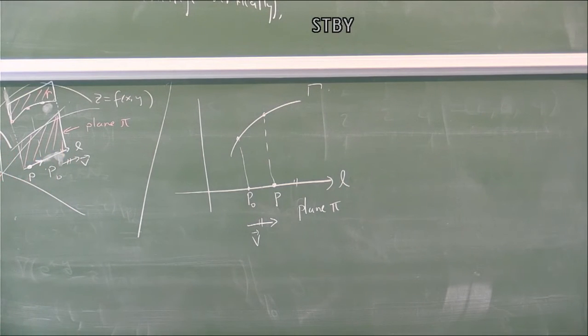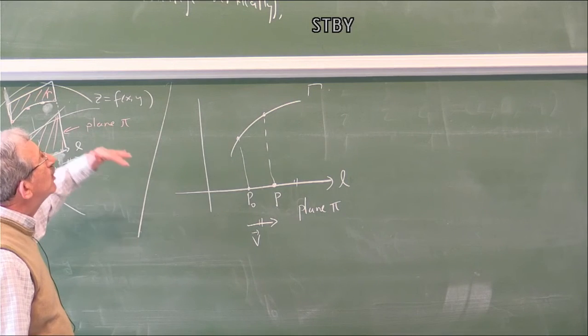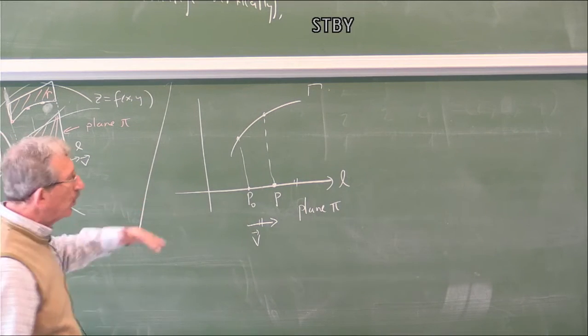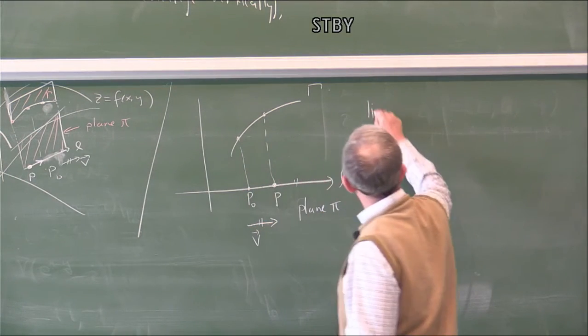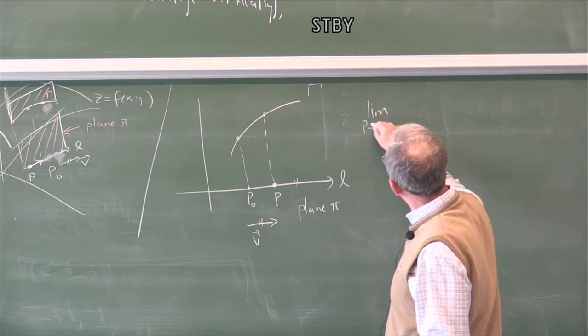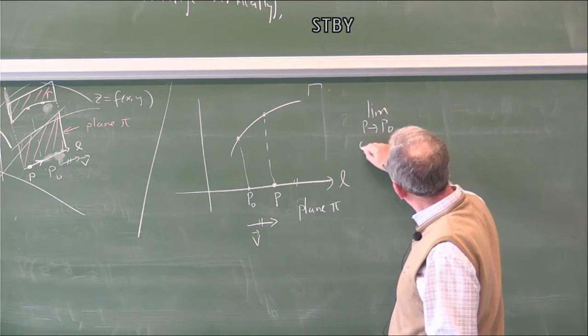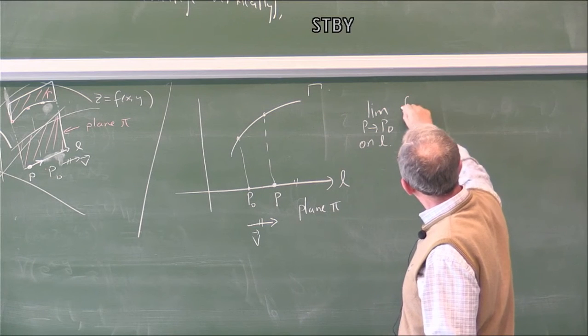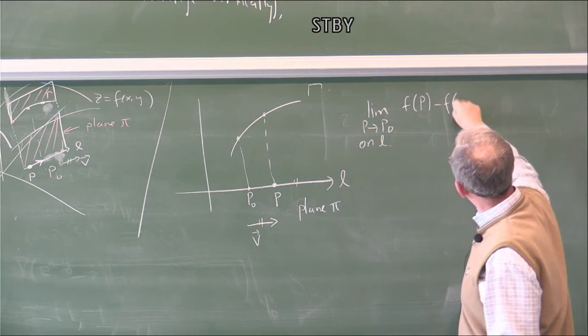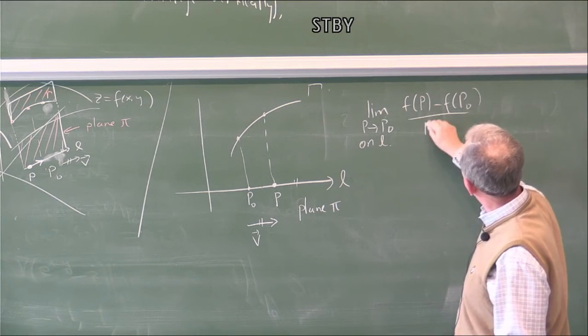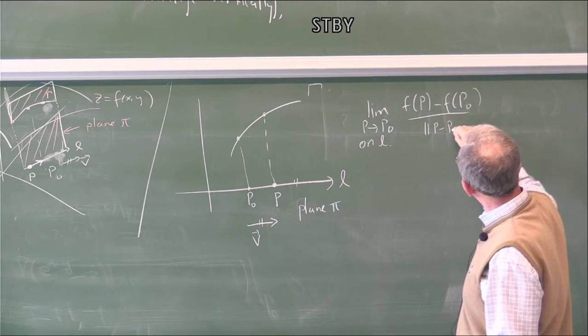Now, what happens if p moves towards p0, in the context of the ratio of the derivative? We look at the limit when p goes to p0, but on L. And we look at f of p minus f of p0 divided by the length of p minus p0.